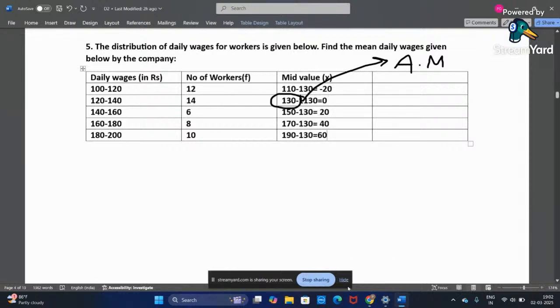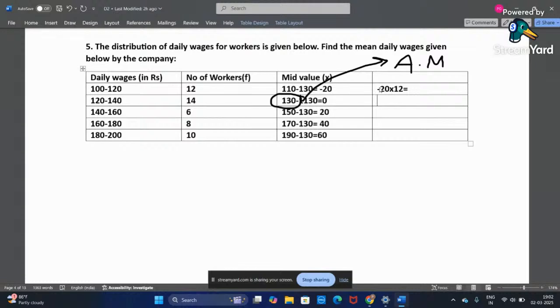Now we have to multiply with these numbers, minus 20, 0, 20, 40, 60. These numbers we have to multiply with the number of workers column. So let's multiply here. Minus 20 into 12.